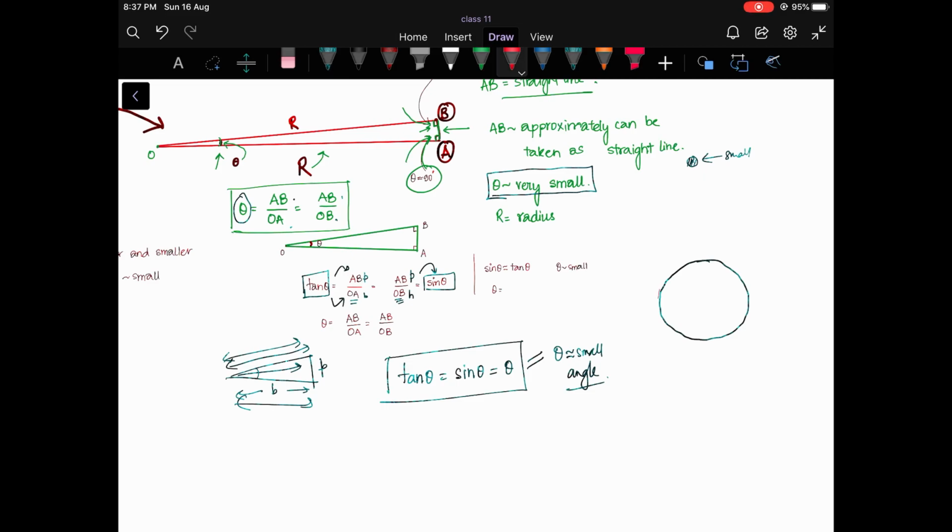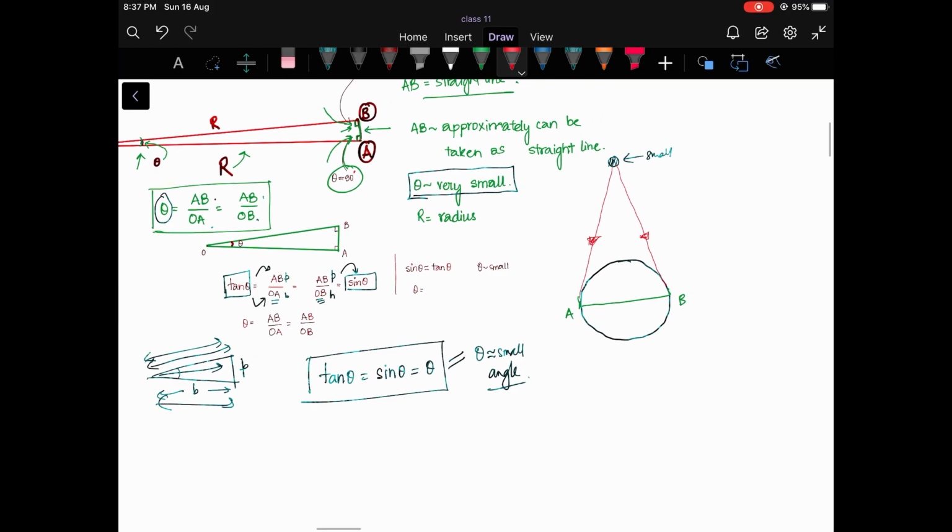We are looking at this heavenly body from a single point, looking at the edges or the far end of this heavenly body, like at points A and B. Now we know this heavenly body is so far away that this angle theta can be taken as very small. Under this condition, as I told you earlier, this line AB can be treated like a straight line, which can also be treated like an arc.